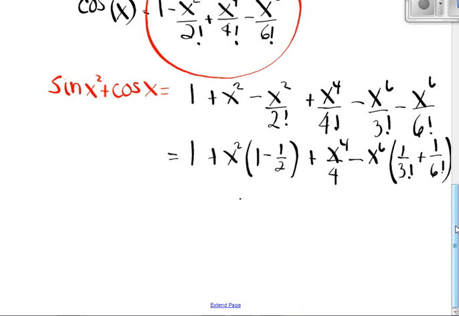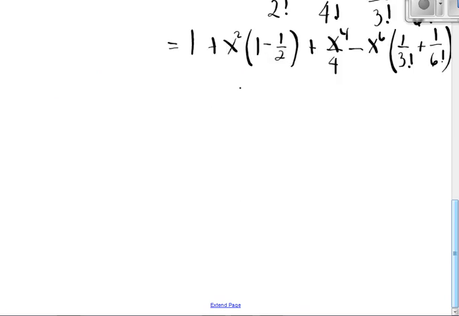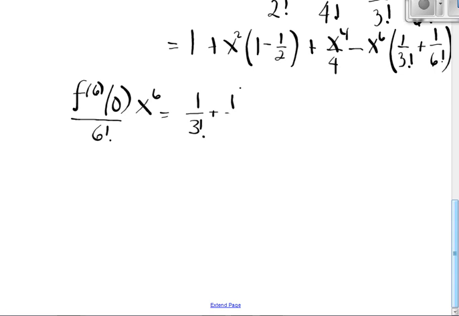I got it. But now they're asking us for the 6th derivative at 0. So you can just leave it in that form. Yes. But we have to simplify to do the next piece, I think. Because this is equal to the coefficient of x to the 6th, which is 1 over 3 factorial plus 1 over 6 factorial, times x to the 6th.